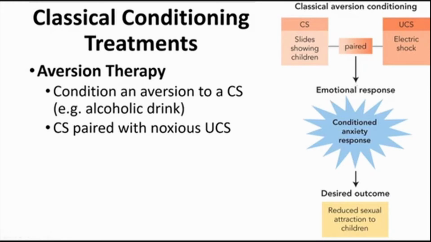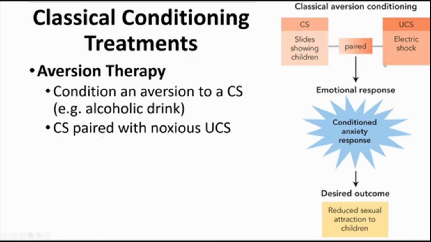But it could be something as simple as alcoholic drinks. If you're trying to get someone to stop drinking alcohol, maybe you have an alcoholic in the family, you could use this same process where our conditioned stimulus would be our alcoholic drink.